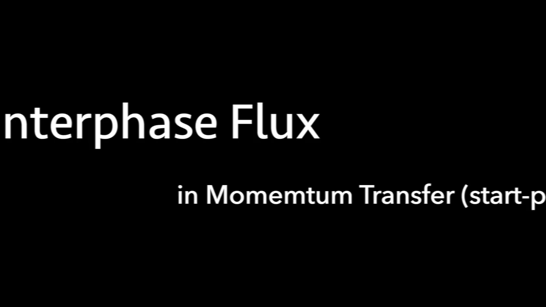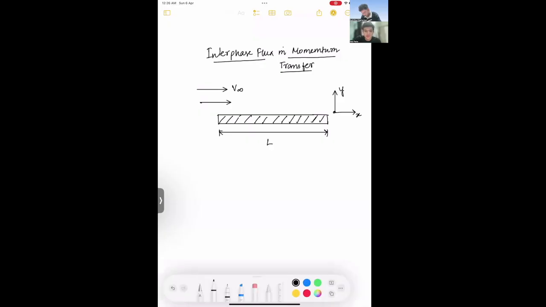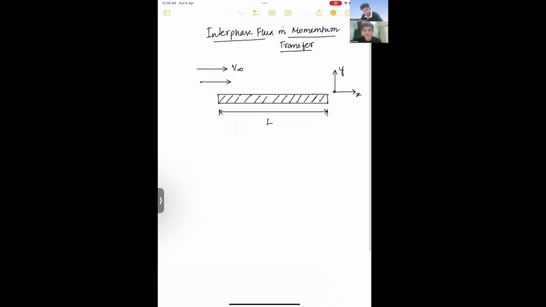So now we will derive the generalized equation for drag force in interface flux and momentum transfer. In our case, we have a flat plate of length L and width W. We have a flow stream of velocity V infinity, and we consider the x direction as the flow of the stream and the y direction perpendicular to the flat plate.